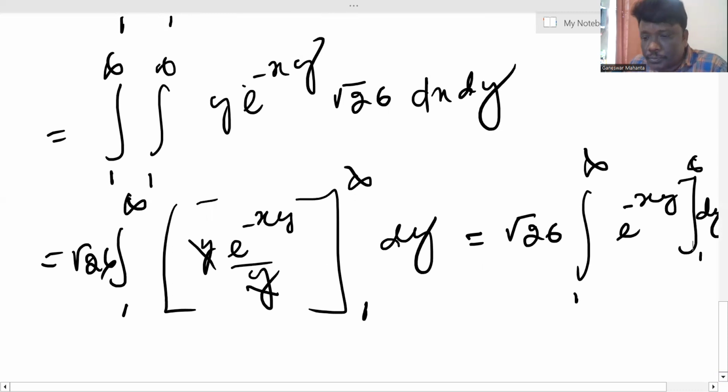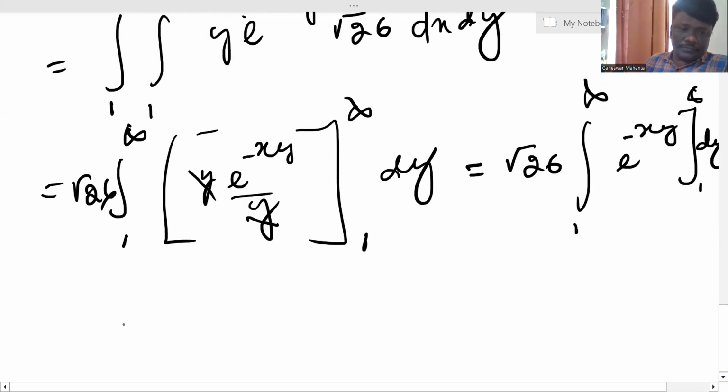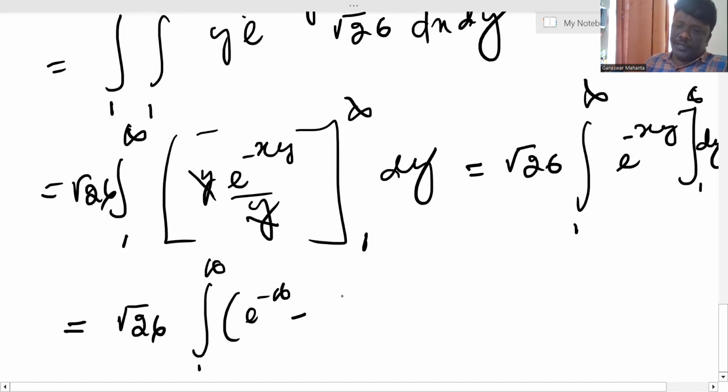So we put in the limiting values of x, with root 26 here: e to the minus infinity minus e to the minus y, d of y.